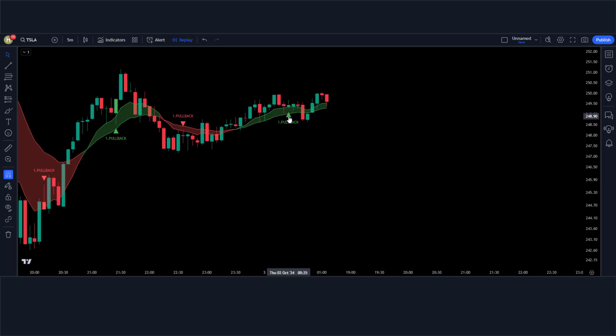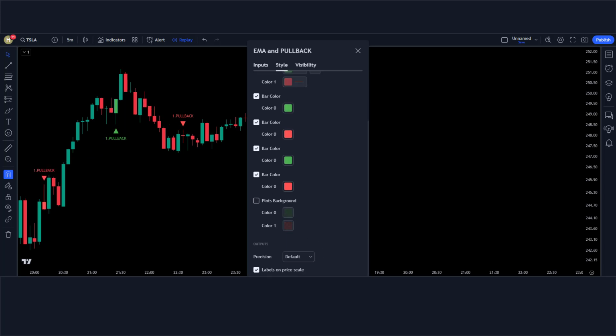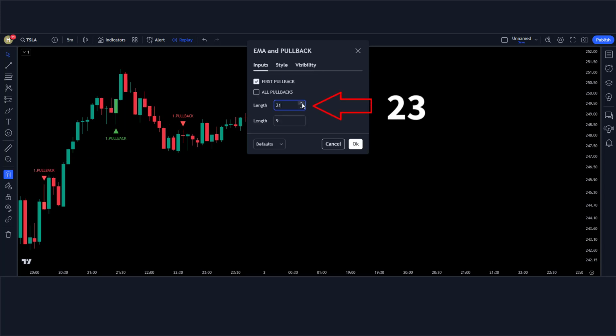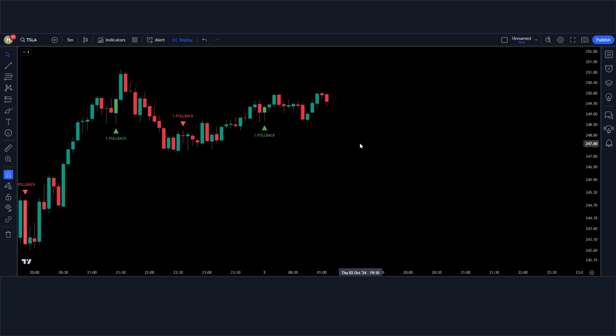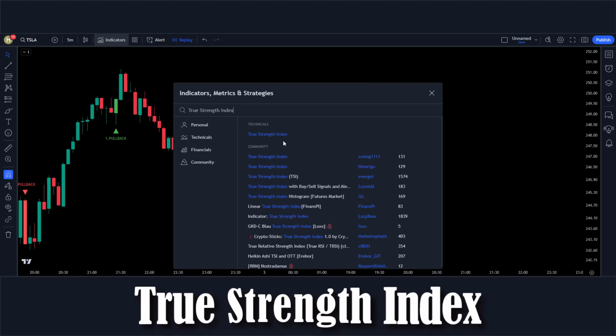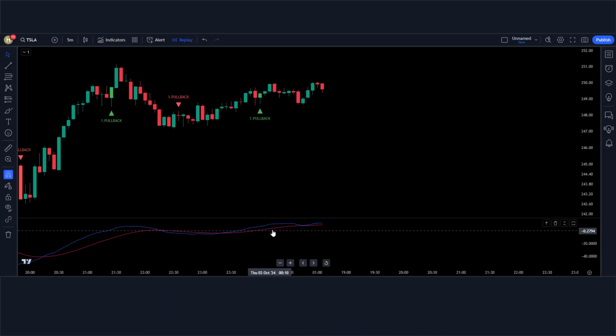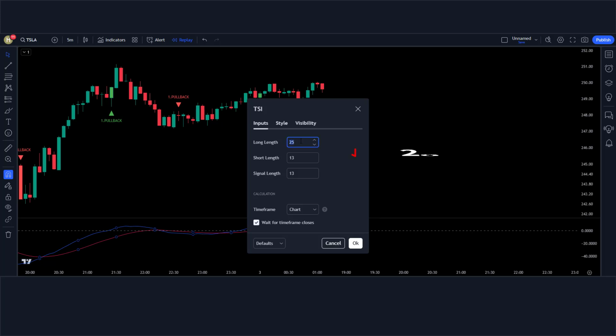Keep the indicator settings as I have shown here. Second indicator name is True Strength Index. Keep the indicator settings as I have shown here.